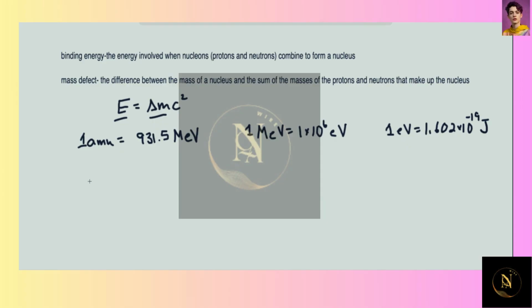If we have a given nucleus, in this case cobalt 59, and we know its actual atomic mass is 58.933198 atomic mass units, we can find the mass of the particles.